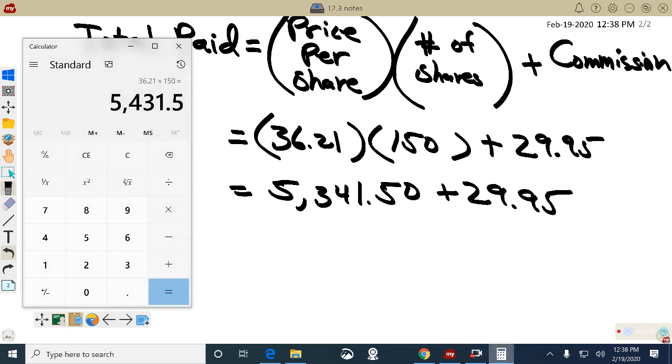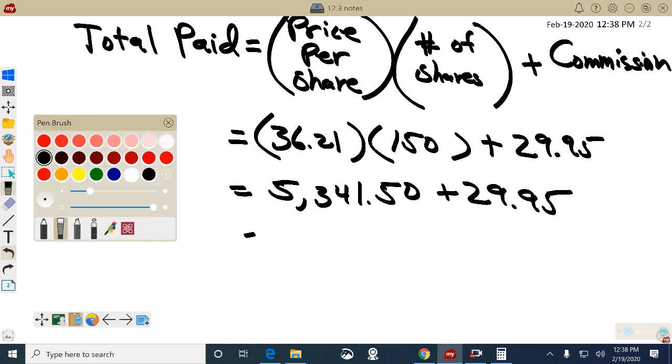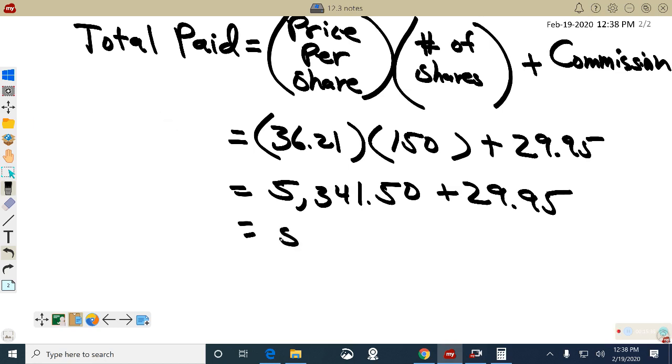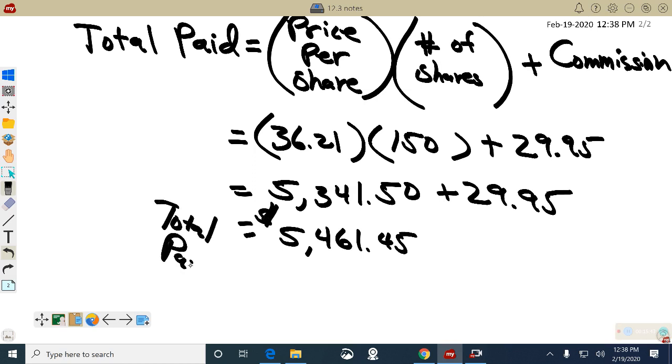Plus $29.95. $5,461.45. This is the total paid. This is the total paid for my investment. Now, I hope to get a return on my investment, but that's how much I'm paying out for my investment.